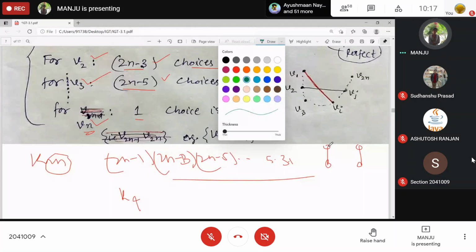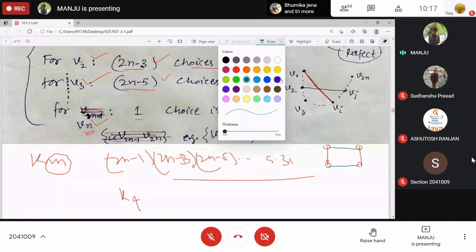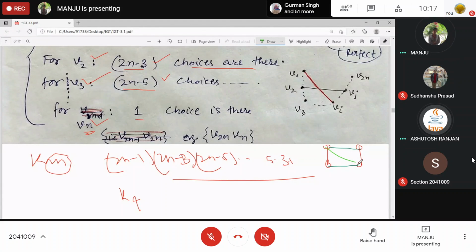You can take these two edges, and another is these two edges. The edges must be independent, with no isolated vertex for a perfect matching. So for K4, three perfect matchings exist.